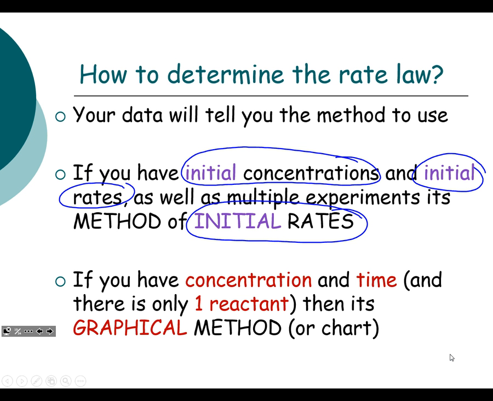The graphical method is for one reactant only. We won't be using it for multiple reactants. And for the graphical method, notice I put here "or chart." If you go online to the wiki page, you'll see the Kinetics Made Easy chart. All of that stuff on that chart can be used with the graphical method once you figure out the order. So you get a lot of useful things to use.